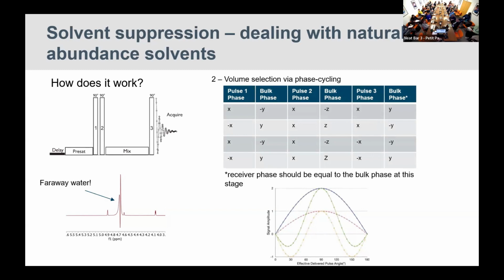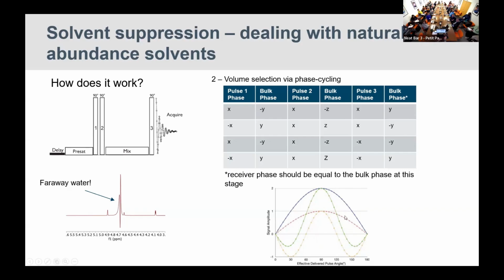If you do phase cycling for them, you end up having in between pulses 2 and 3 all your magnetization in the z-axis, and then you can just use pulse number 3 to actually get the signal you want on the transverse plane. And when you do that by using those three pulses and this phase cycling process instead of simply using a single pulse, this here is the volume selection effect that you get.